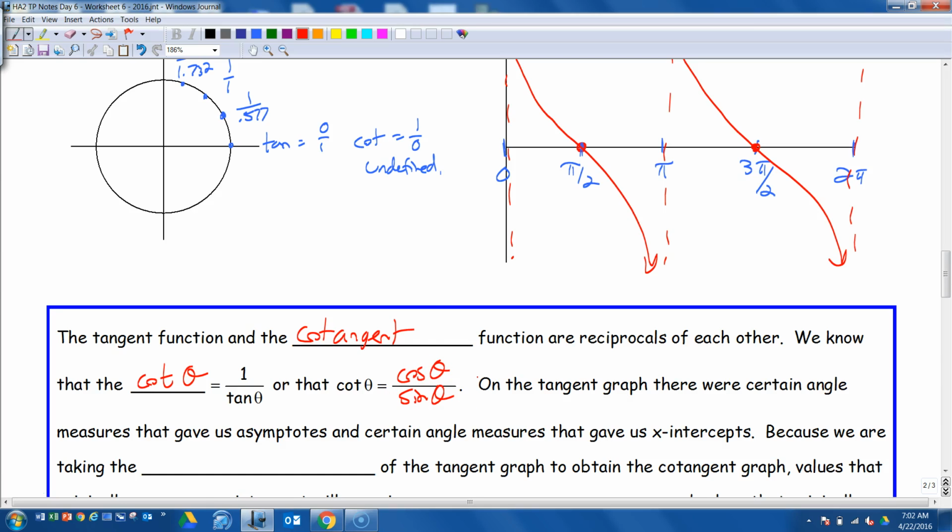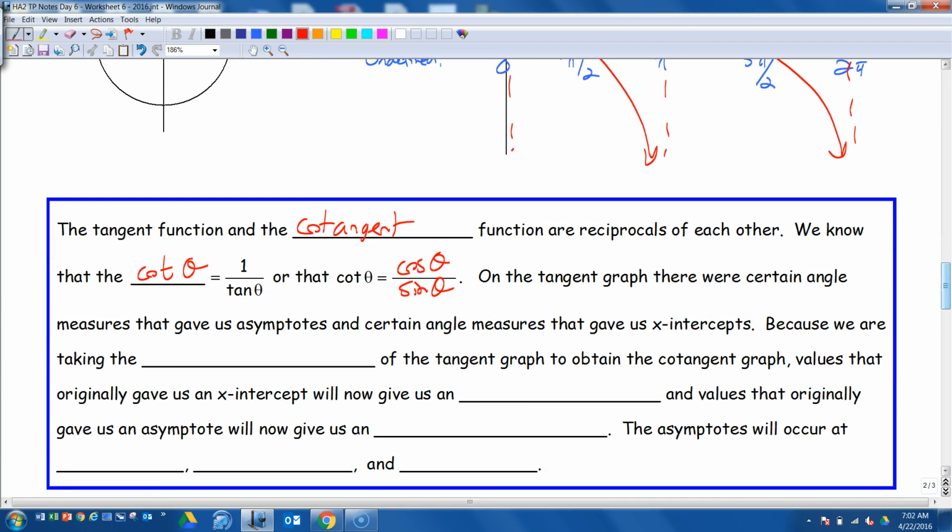On the tangent graph, we had certain angle measures that gave us asymptotes and certain angle measures that gave us x-intercepts. Because we were taking the reciprocal of the tangent graph, values that originally gave us the x-intercepts will now give us an asymptote, and values that originally gave us an asymptote now give us an x-intercept, or turning point.